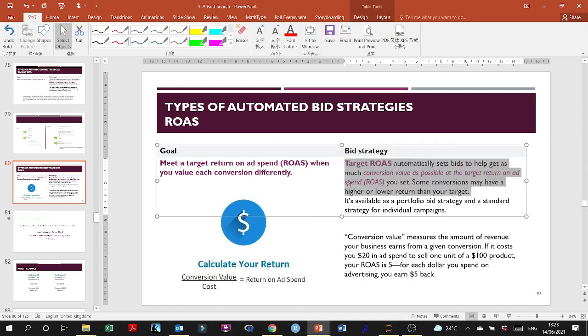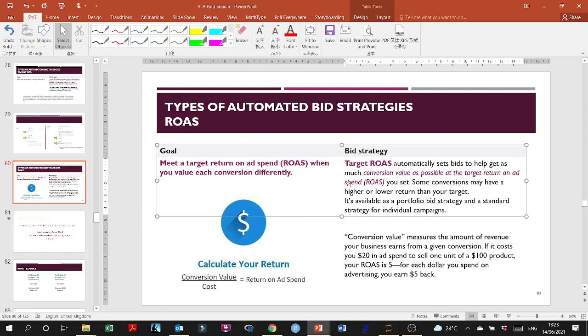Not CPA, cost per action, but conversion value. I want this much return on ad spend. So I don't know my acquisition cost; I want a return. Some conversions may have a higher or lower return than your target.